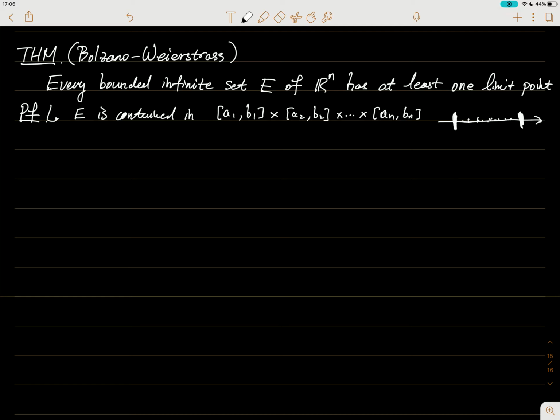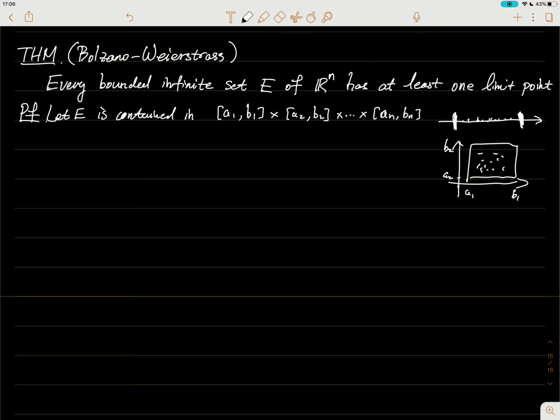Okay, suppose that my E is from there. I'm just drawing it in a 2D case. Because I have the set E, which is bounded, that means I can always draw a big ball to contain it, right? And this will be a1, b1. This will be a2, b2. But if it's in n-dimensional space, we can do something similar to this, right? Just use a big box to enclose this set E.